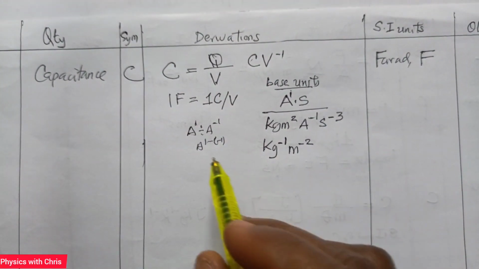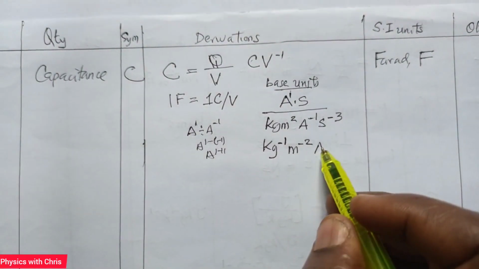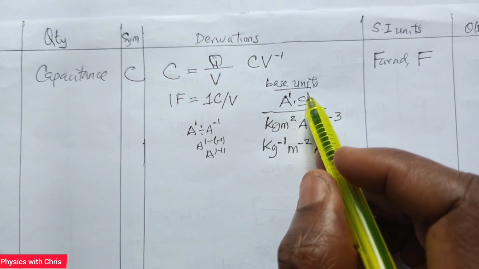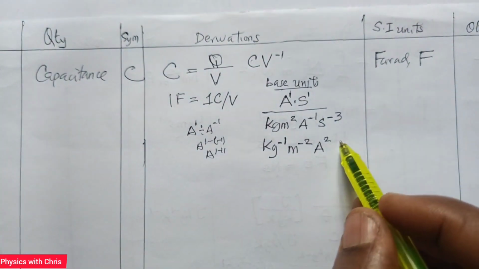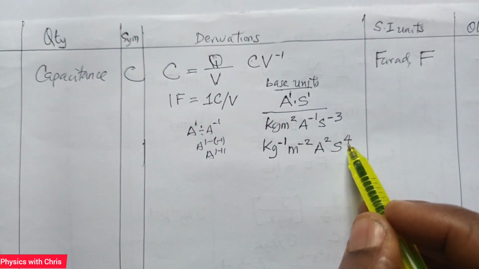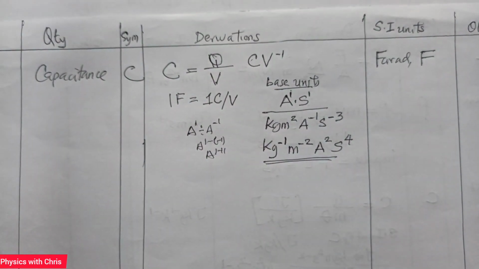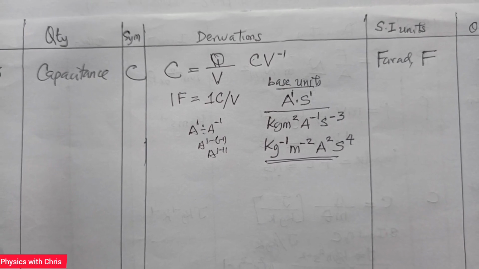That gives me 1 plus 1, which is 2. So this is ampere raised to 2. And then this is S raised to 1. When I divide that by this, it will give me 1 minus -3, that is raised to power 4. So this gives me the SI base unit of capacitance. Cambridge may ask you to state, to derive, to write down the SI base unit of capacitance. So that is what it is.